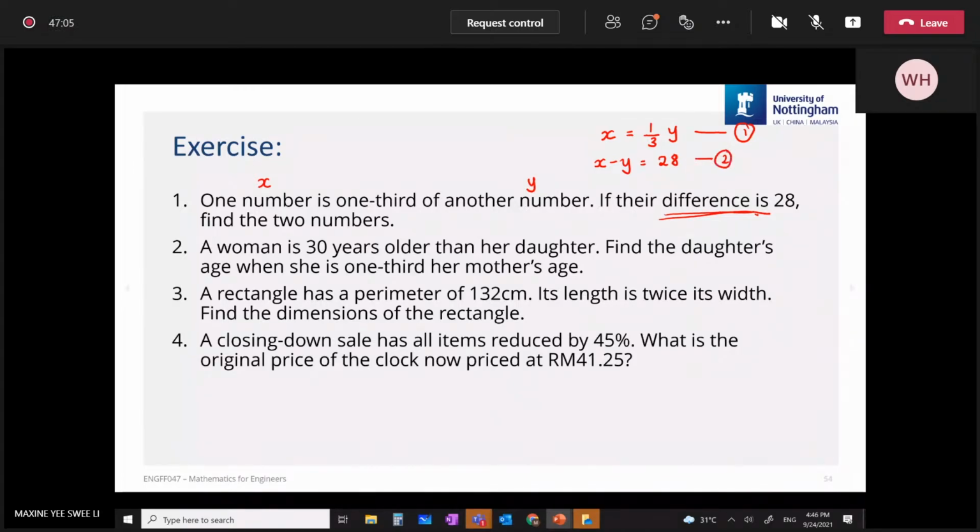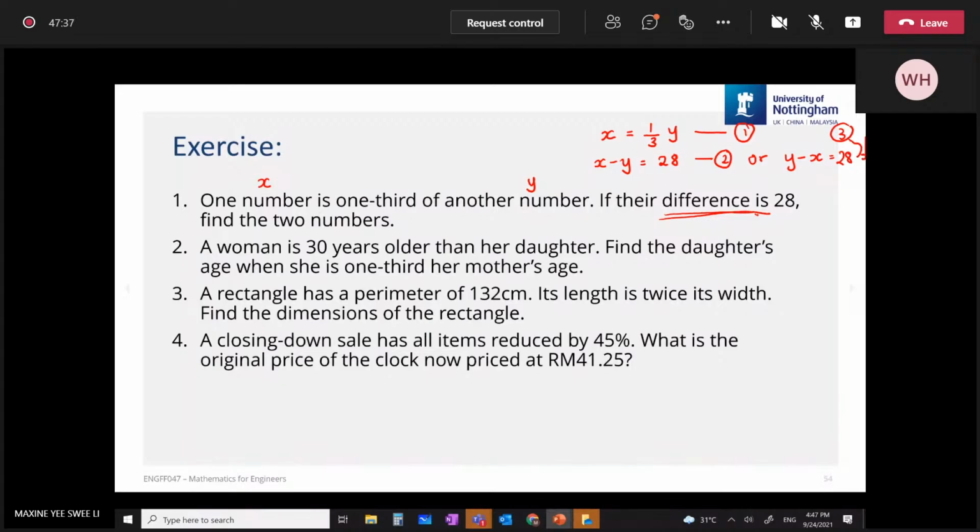This is your second equation. Or you can also say y minus x. What if y is bigger than x? Then y minus x equals 28. So this can be your alternative second statement. We'll just call it number 3.